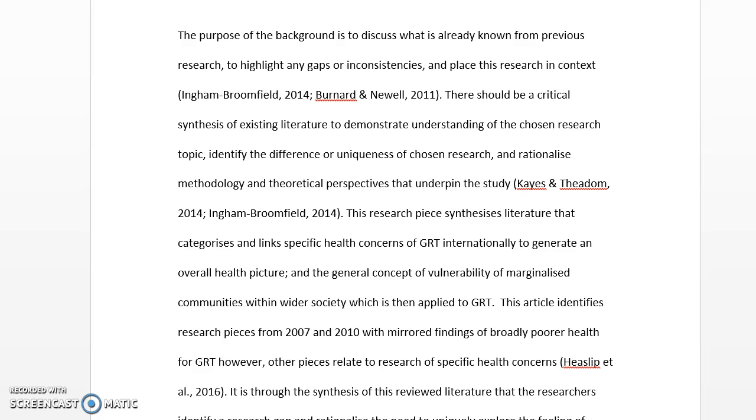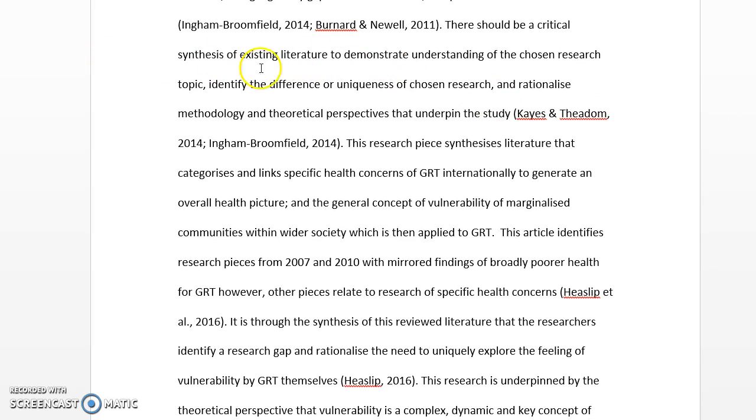Okay, so again, tells us what should be there in the background. Very nice. Nice references there. There should be a critical synthesis of existing literature, and so on and so forth. Then she goes on and says, this research piece synthesizes literature that categorizes and links specific health concerns of the Gypsy Roma traveller internationally to generate an overall health picture and the general concept of vulnerability of marginalised communities within the wider society, which is then applied to the Gypsy Roma traveller.